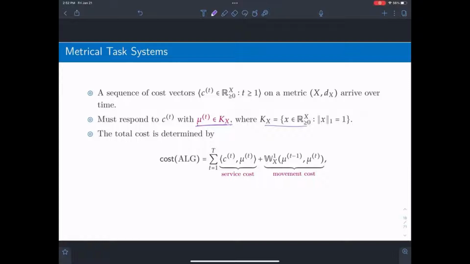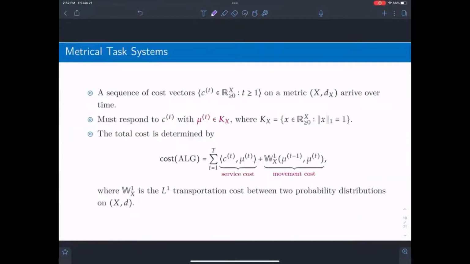And the movement cost can be described as the earth mover distance between mu_{t-1} and mu_t. And so one other way to view this is that we are allowing the algorithm to play a fractional mass on different points in this metric.